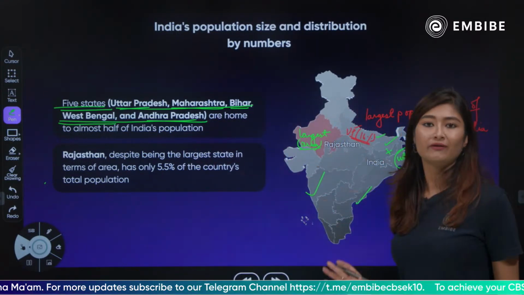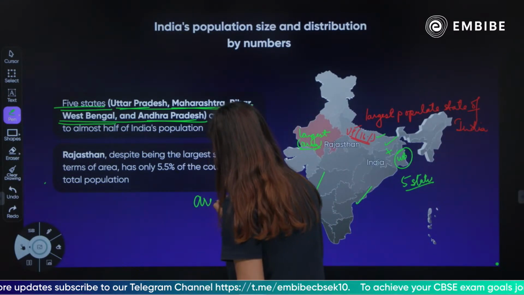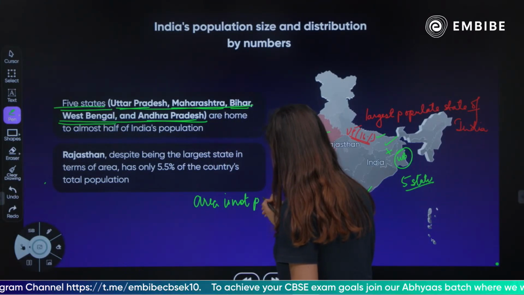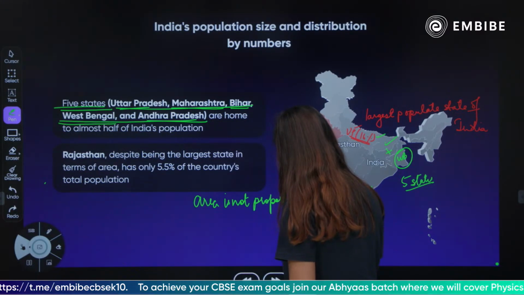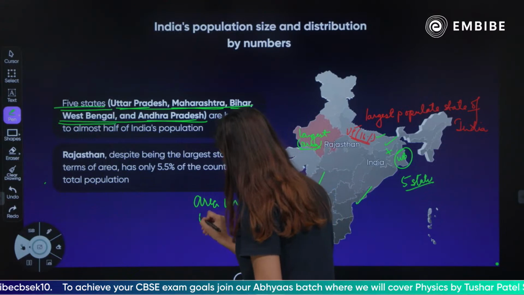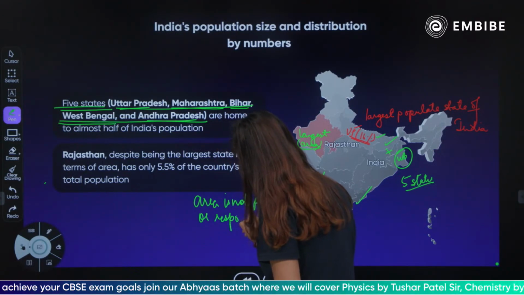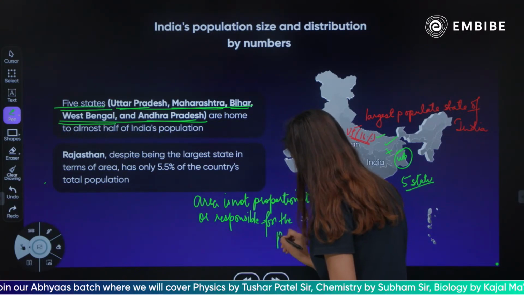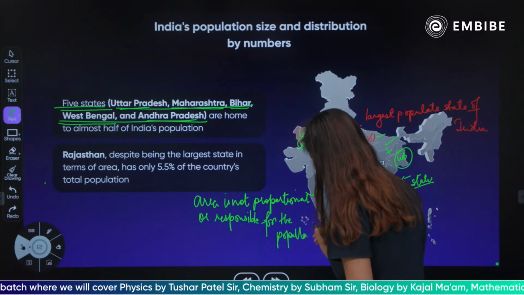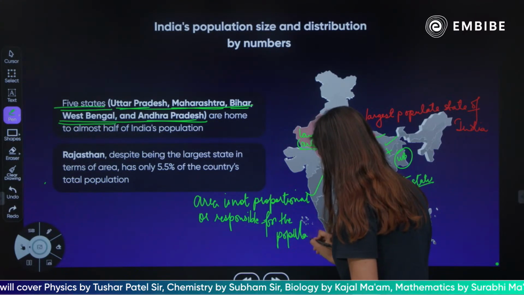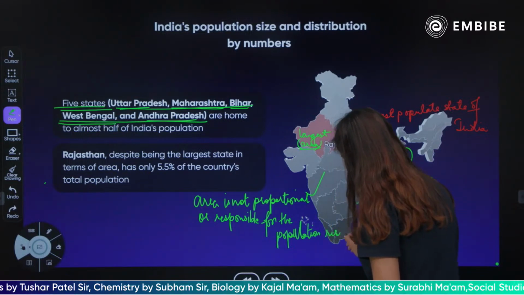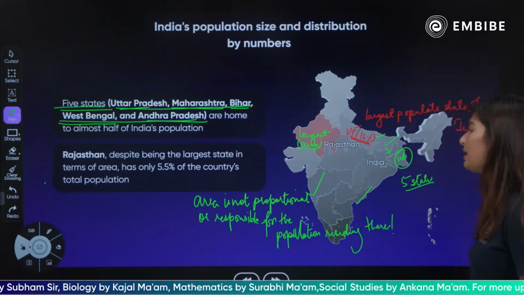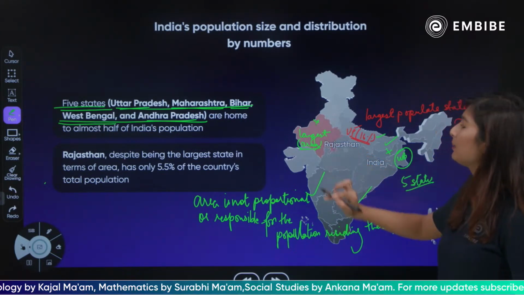So one conclusion, what have we had? Area is not proportional or responsible for the population. कहीं पे भी कितने लोग रह रहे हैं वो एरिया पे डिपेंड नहीं करता है.